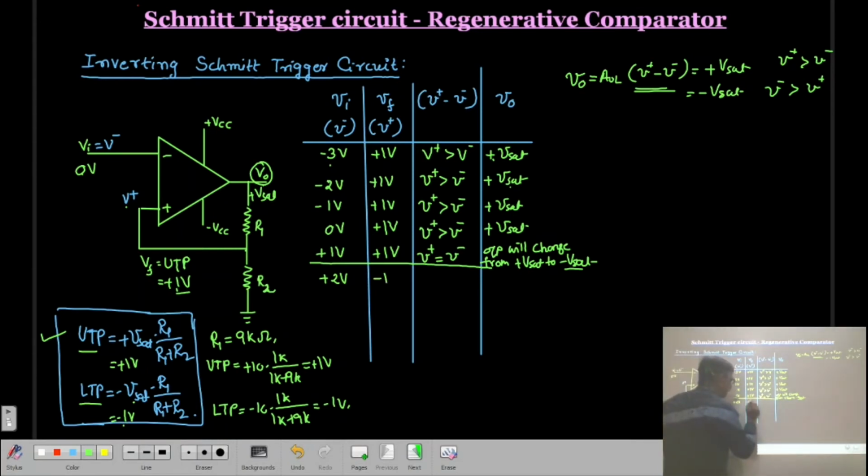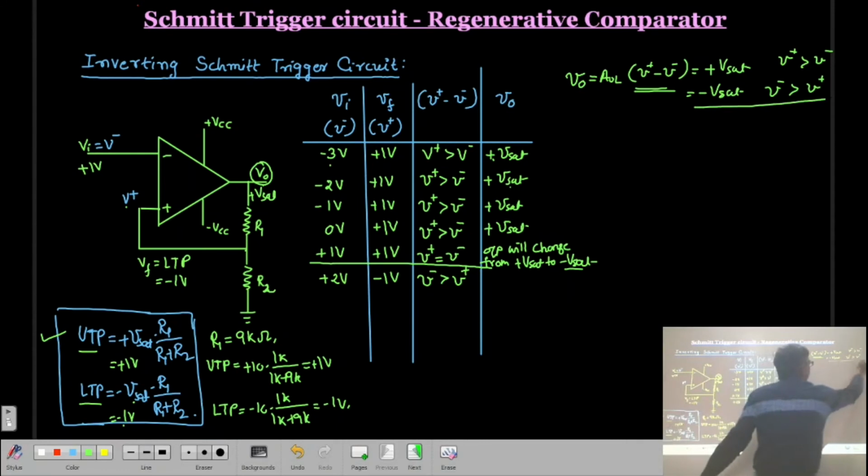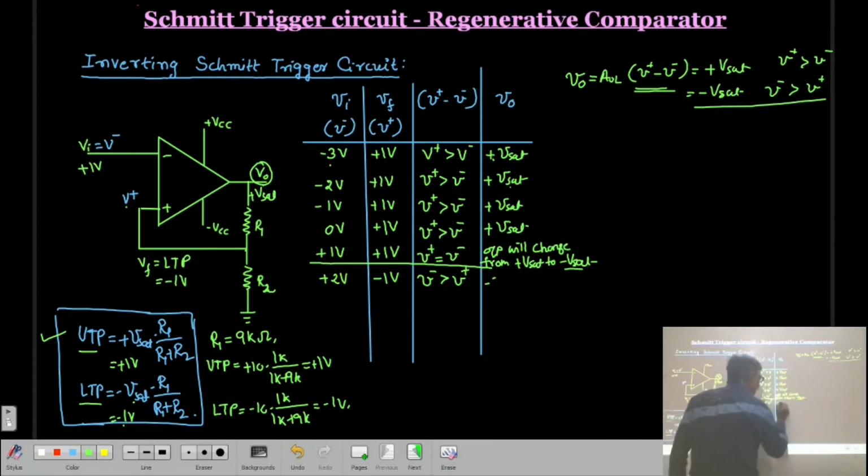So the feedback voltage is minus 1 volt, and here I am applying a plus 1 volt. So you can see now the V minus is greater than V plus, and whenever V minus is greater than V plus, then the output will be minus V saturation.